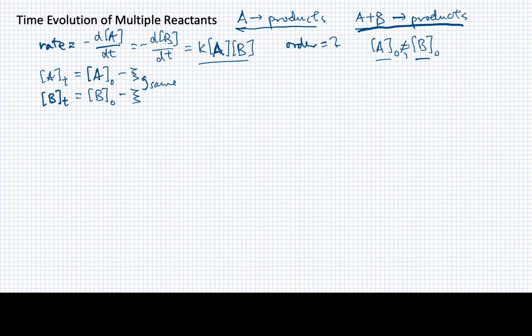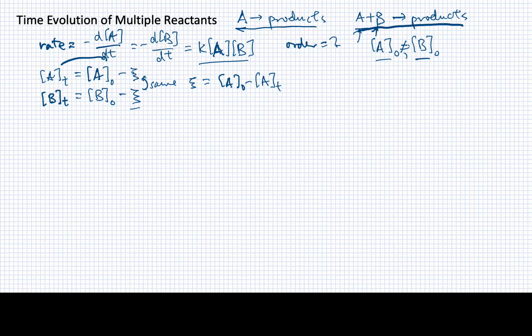Why is that? Well, these things are reacting in a 1-to-1 ratio. If it was A plus 2B, then I'd have to double the xi that's being subtracted from the initial B. But since they're the same, if I solve for xi in both cases, for the first case I'd have xi on the left-hand side and this going back over to the right-hand side, I would have xi is equal to A0 minus A as a function of time.